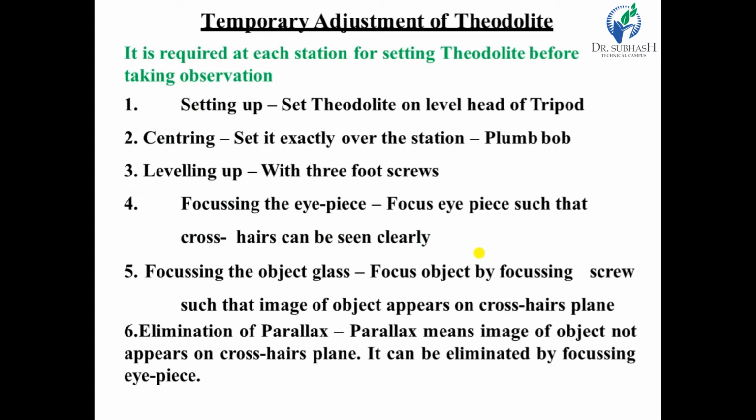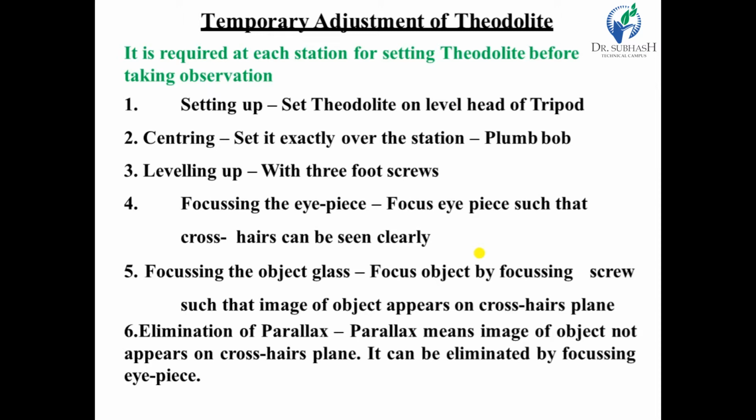Now we are moving to the temporary adjustment of the theodolite. It is required at each station for setting the theodolite before taking the observation. In the setting up procedure, we have to set the theodolite on the level head of the tripod. After that, we conduct the centering procedure.